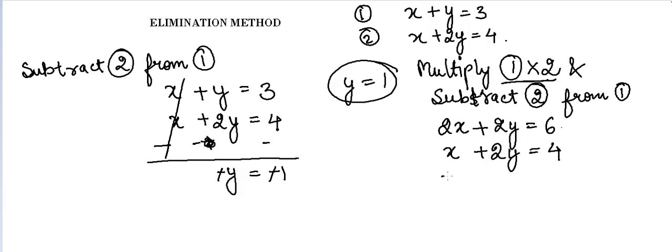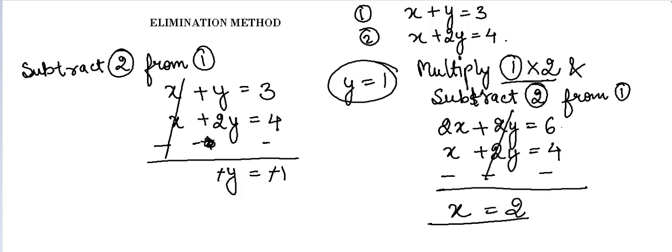The y will cancel out and you will get x as 2. So you get the answer x is equal to 2 and y is equal to 1. It is similar to the first one. This is another way of solving any linear equation.